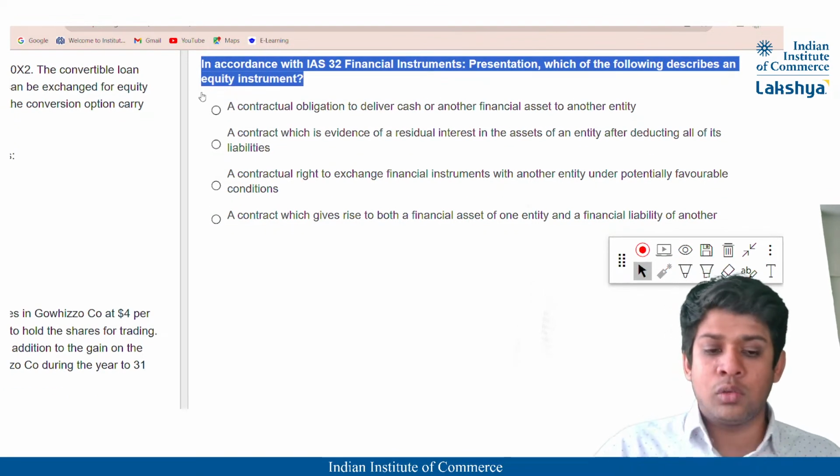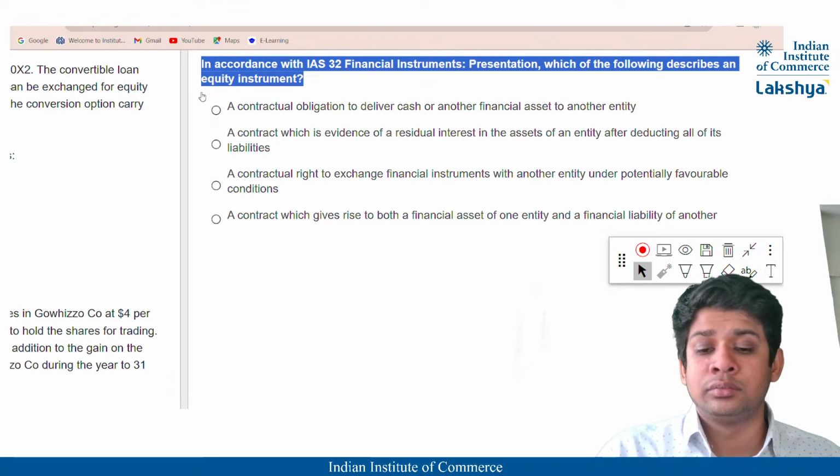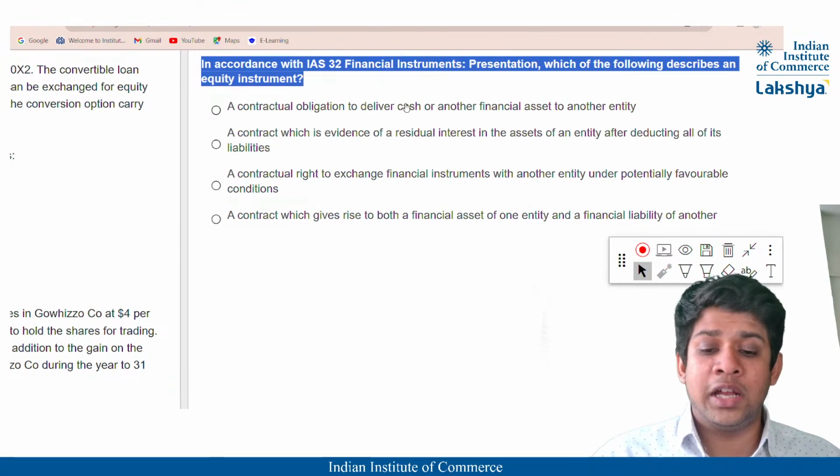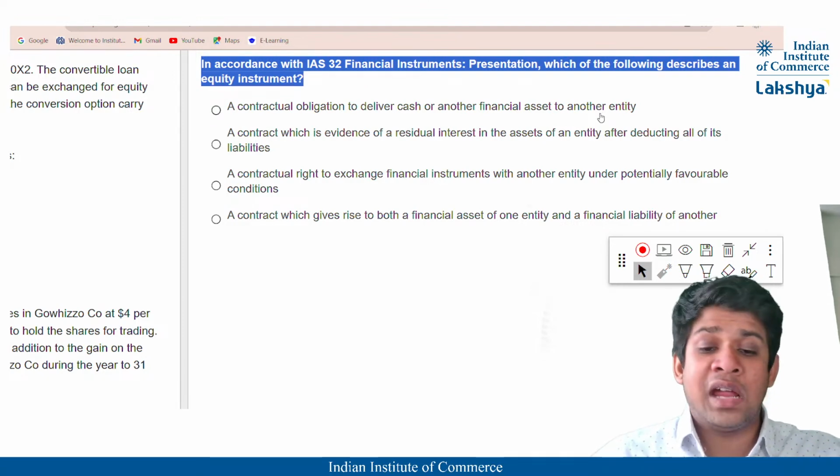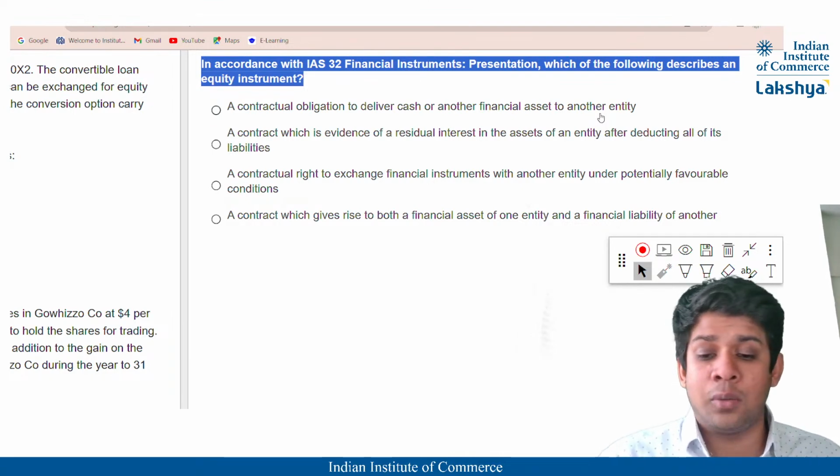So, what is an equity instrument, guys? A contractual obligation to deliver cash or another financial asset to another entity. Obviously, if I have to deliver cash to another entity, it is a financial liability to me, correct? If I have an obligation to do so. So this is not an equity instrument, correct?